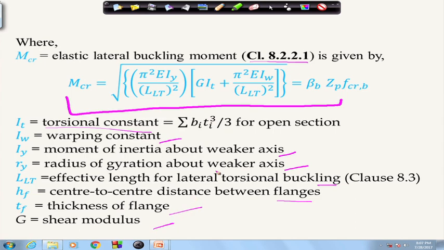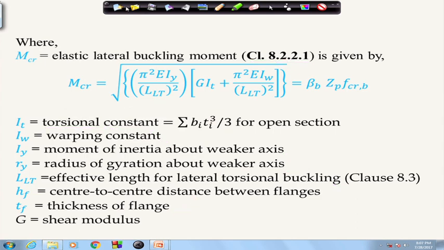So, from these parameters I can find out the value of MCR, and needless to mention here that this elastic critical buckling moment depends on a few factors, like one is LLT, that is the effective length of lateral torsional buckling, then the shape of the section, for which the Iy value and other values will be dependent, right.